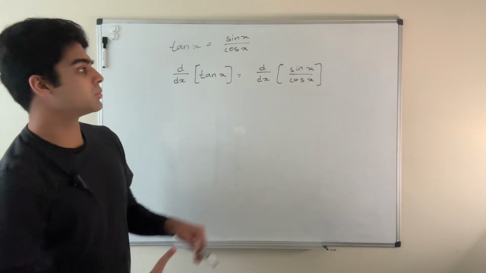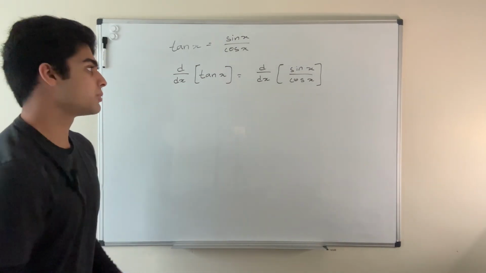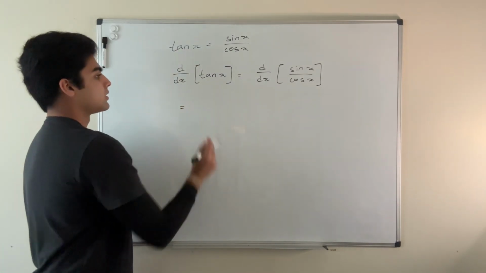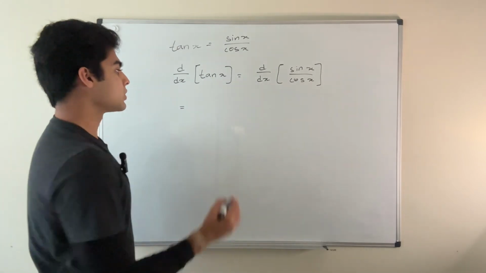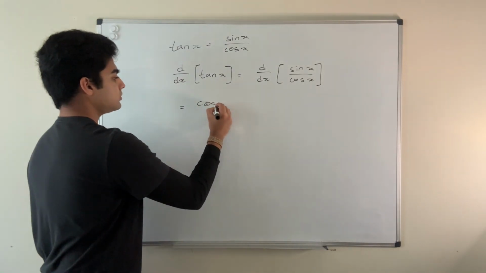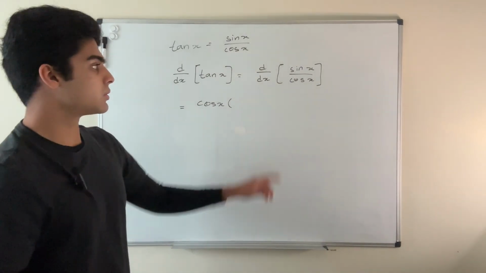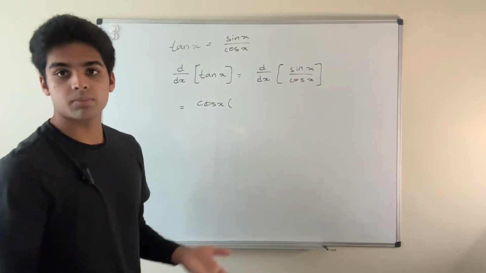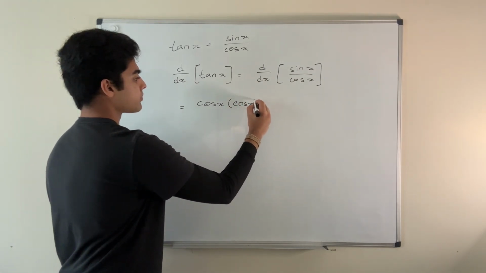So we can do low d high minus high d low all over the square of what's below, right? So we got our low function, or the denominator, which is cosine x, times the derivative of the top function. So the derivative of sine of x is just going to be cosine x. So cosine x again.